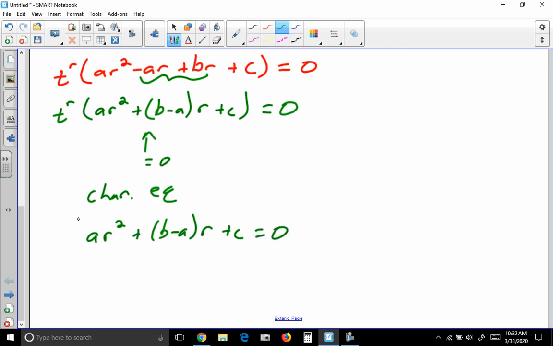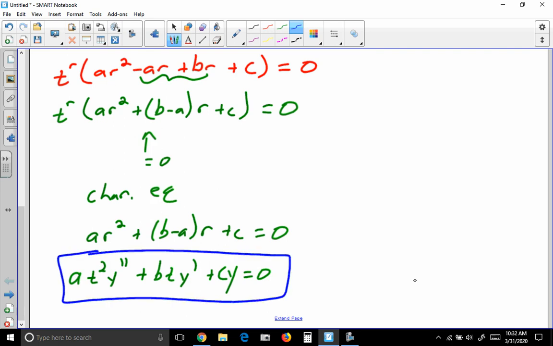Now remember, that's the characteristic equation for a t squared y double prime plus b t y prime plus c y equals 0. So the a, b, and c come from the coefficients that accompany the t squared, the t, and the constant coefficient here. So let's work through an example.